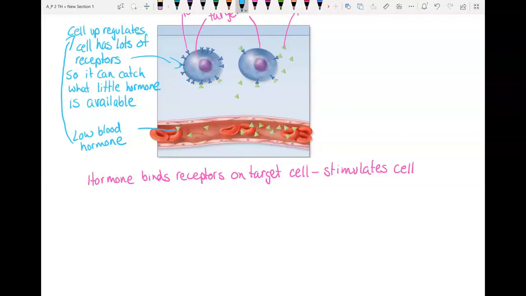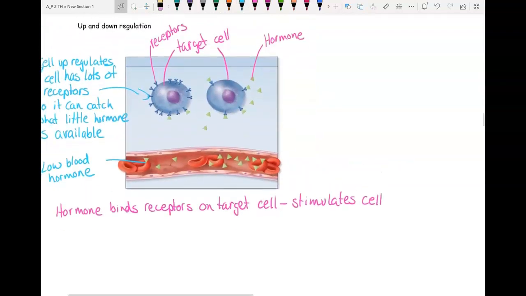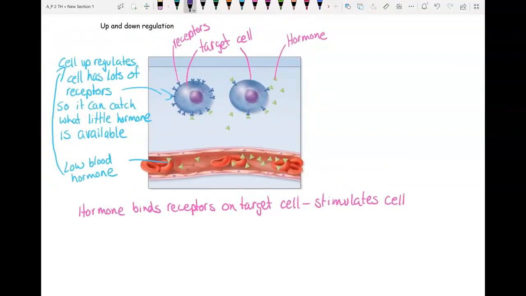The opposite of this is downregulation. So here we have a high blood hormone level. Too much hormone overstimulates a cell.